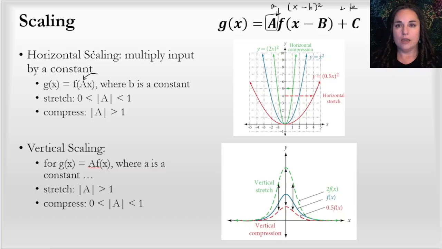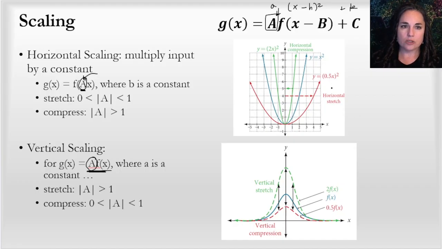Am I reflecting this way, or am I reflecting that way? That goes in different places in our equation. When I see a scaling factor in front of the input as opposed to in front of the output, do you see where that a is in two different places here? That results in two different transformations on that function in a scaling manner, right?